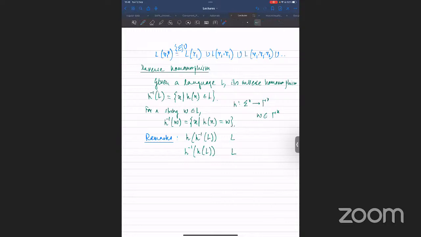Maybe first try H inverse of H of L. You take L, apply a homomorphism, and then take the inverse. What do you get? You are saying that this is the same.